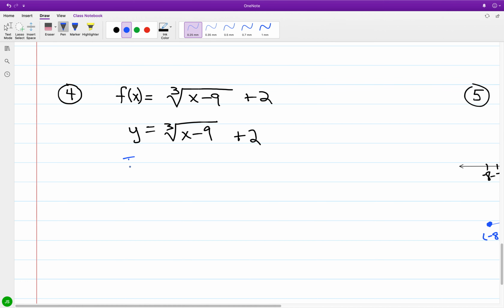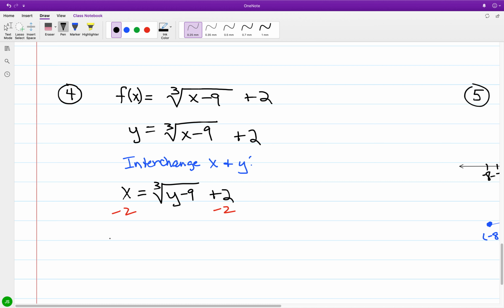And if we look at interchanging x and y, again, just initiating the pathway to the inverse. So we have here x is equal to the cubic root of y minus 9, followed by the addition of 2, and getting the expression in y by itself.